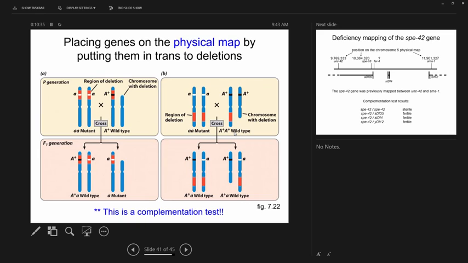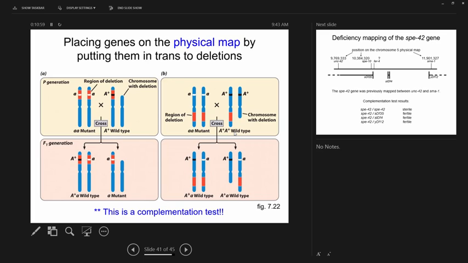We cross it here. Everybody gets the mutant chromosome, and 50% of the progeny get the wild type chromosome there. So half of these ought to be wild type no matter what happens. And then half of them get the mutant chromosome and then the deletion.